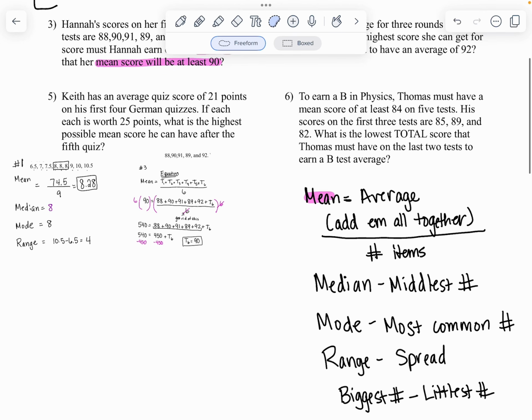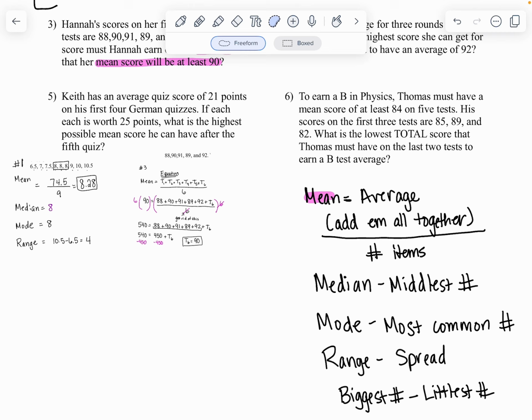Keith has an average score of 21 points on his first 4 German quizzes. If each is worth 25 points, what is the highest possible mean score he can have after the 5th quiz?